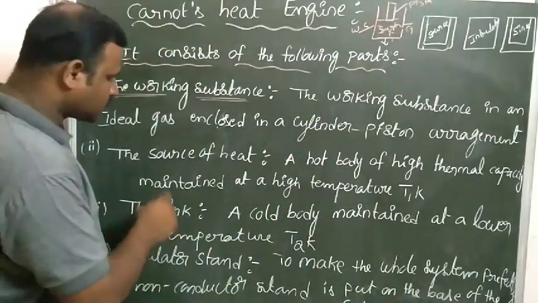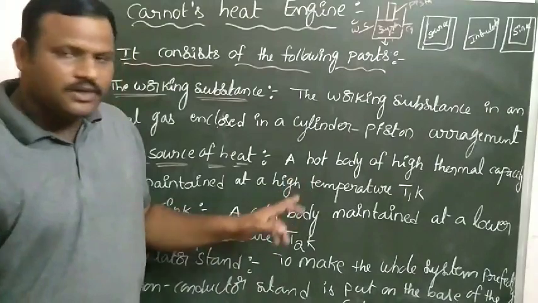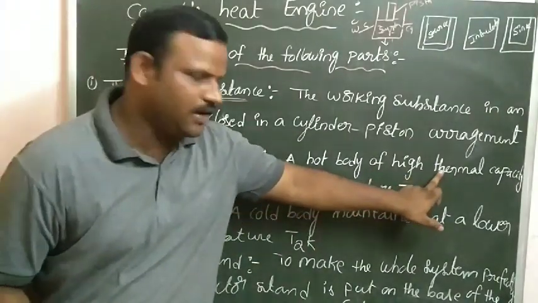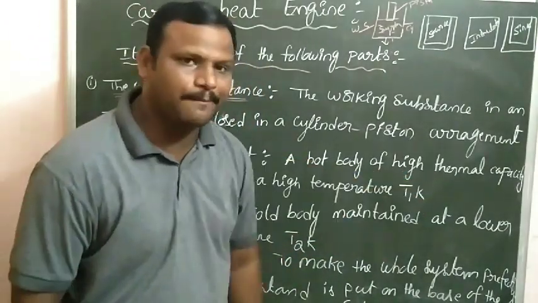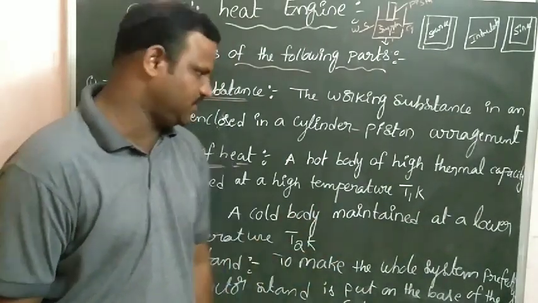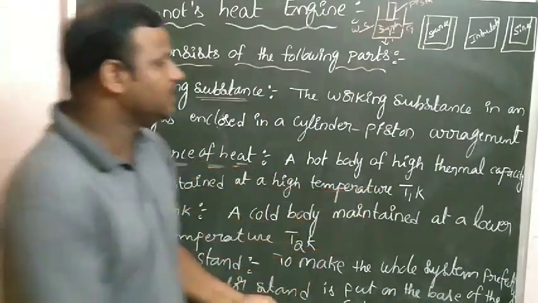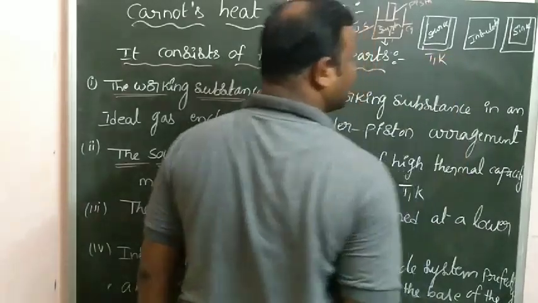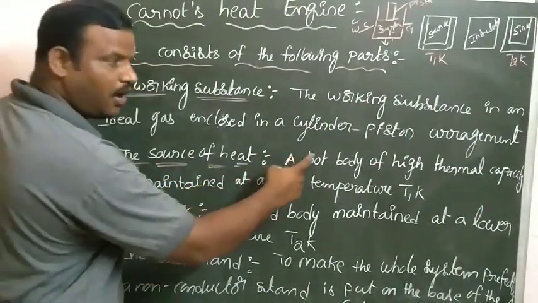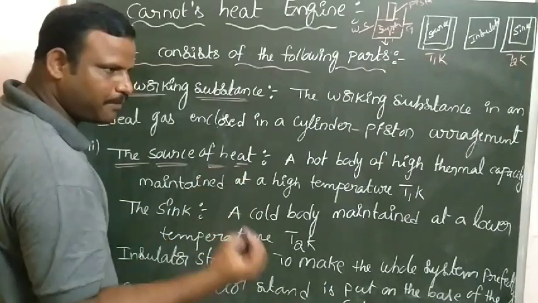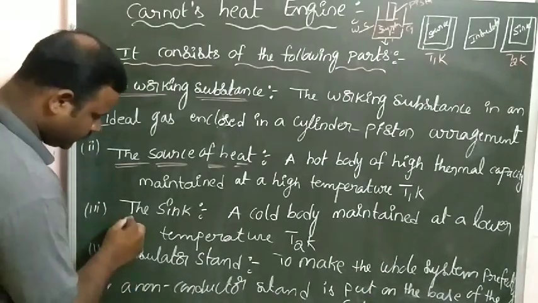Second one, the source of heat. A hot body of high thermal capacity maintained at a higher temperature T1 K. Here, at the source it is T1 K and at the sink it is T2 K. Third one, the sink.